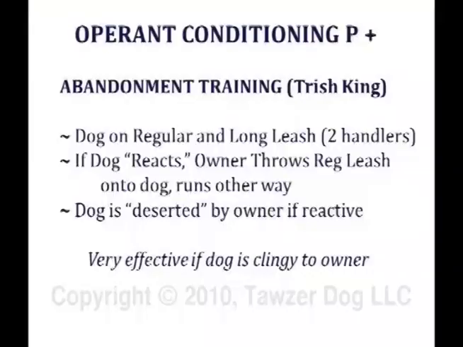Basically, the dog is on two leashes, a regular leash and a long line. This takes a lot of setup. There's another dog. The dogs are moving towards each other. The owner is holding the regular leash. As a safety device, a professional trainer, not a friend, is holding the long line.